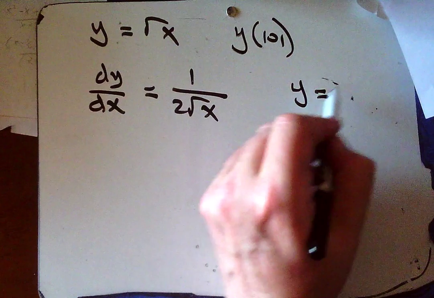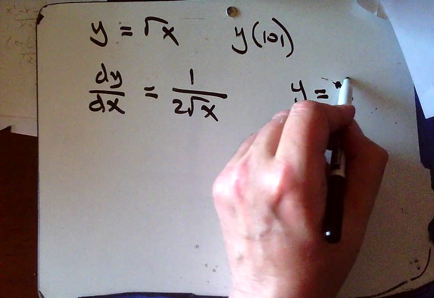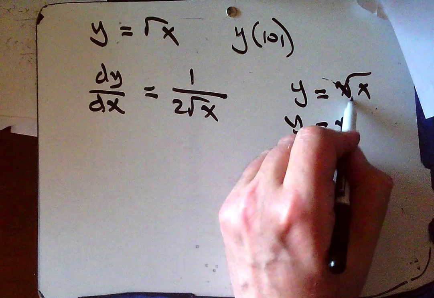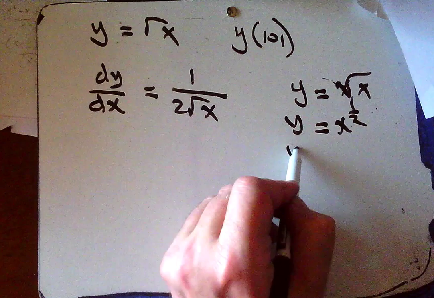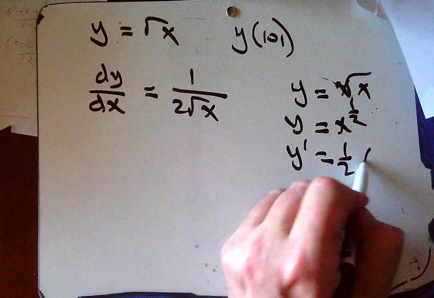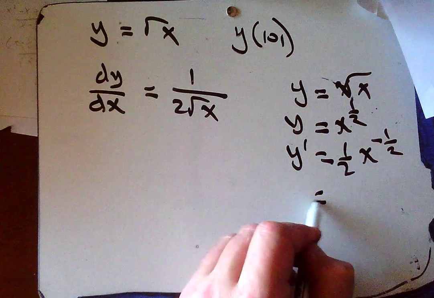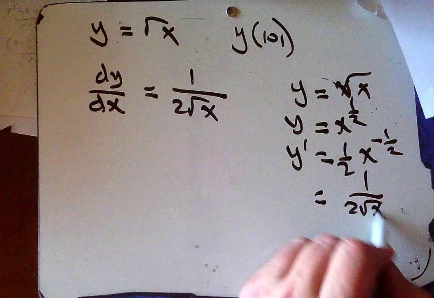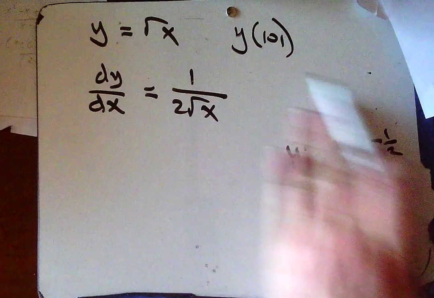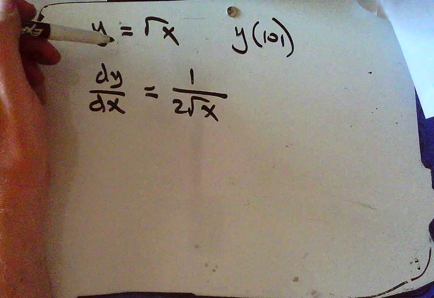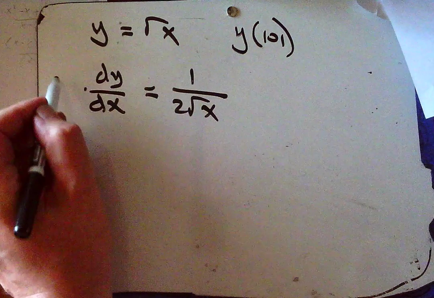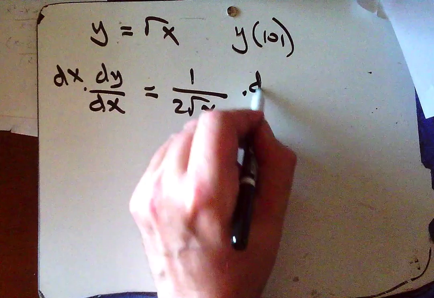Well, come on, square root of x is x to the 1/2, and I take the derivative, I go 1/2 x to the minus 1/2, which is 1 over 2 root x. Okay, that's where that came from. Took the derivative of this given function. All right, and then I multiply both sides by dx.